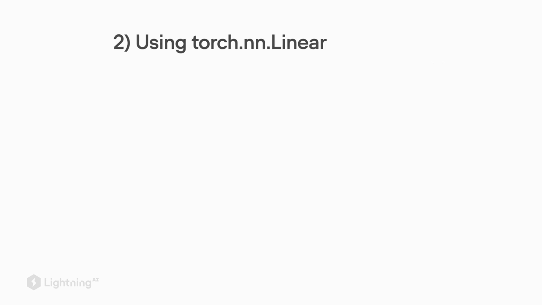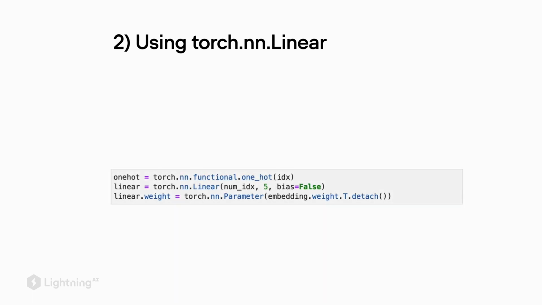Let's now see if we can reproduce the same results using a linear, a fully connected layer in PyTorch. Since our linear layer does not do an index-based lookup, we now have to encode the inputs explicitly in one-hot encoded vector form. Then we initialize our linear layer, where we also specify that we want to have 5 output dimensions.